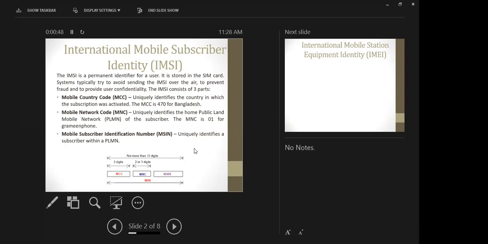It uses a different identity, and that identity is inscribed in your SIM card.